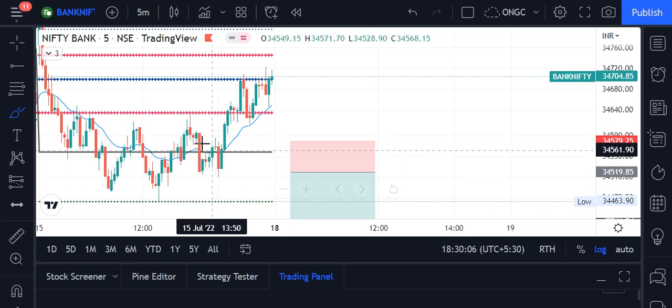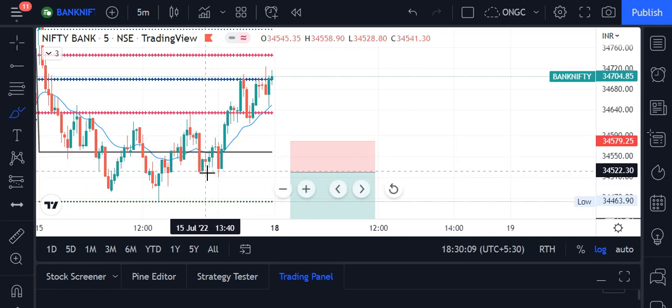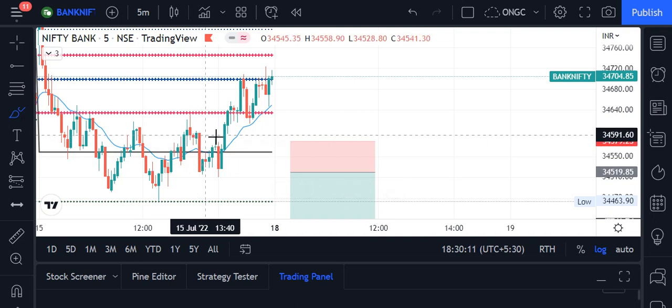If you take the trade, again your stop loss gets hit and your profits are gone by 50%. For every 1 lakh, if you earn 4,000 rupees with a 20 points stop loss, and you put your stop loss at 40 points even one time, you will lose 50% of your money.